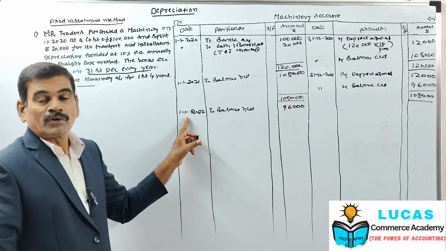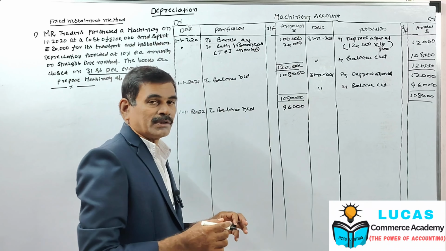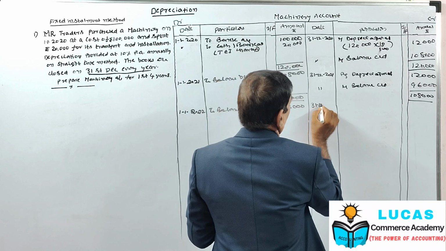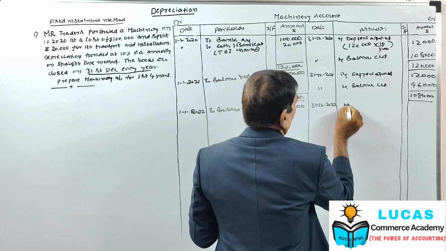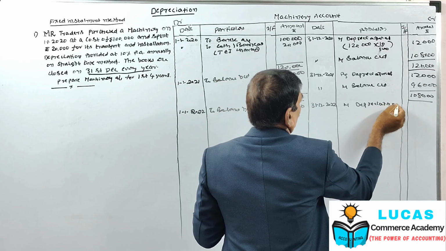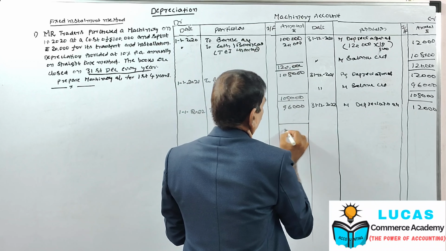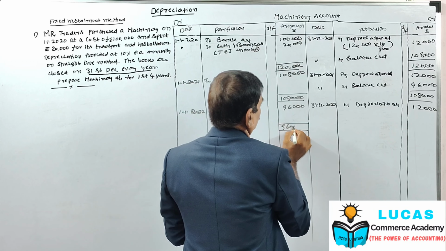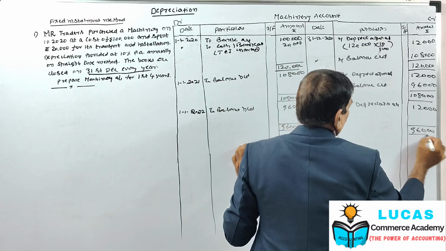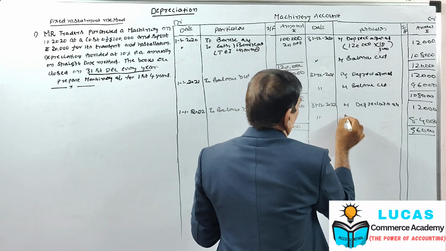Then from 1/1/2022 to 31st 2022 no further transaction takes place. Then we provide depreciation on the last day of the year, 31/12/2022 by depreciation account, same 12,000. Then balance, that means balance 84,000, same date.